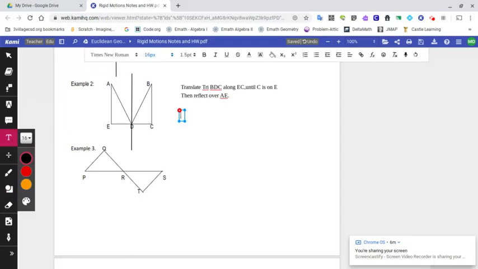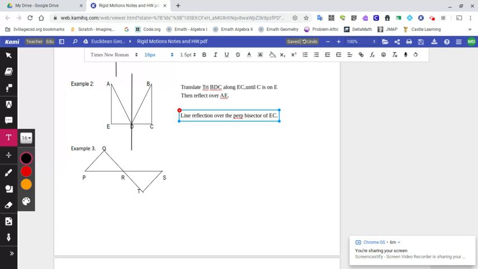I could do a line reflection over the perpendicular bisector of EC. That way I know it's that line going right through D. If I reflect it, one triangle would lie on top of the other. So there's two different ways of describing that. You might be able to think of other ways of doing it.